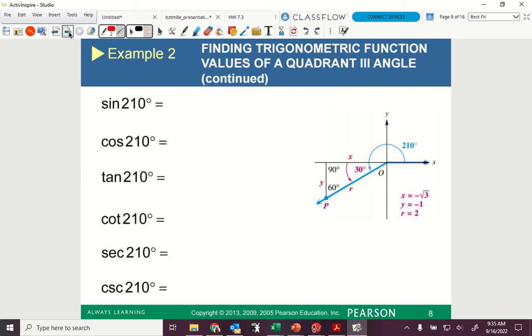Y over r, so it's 1 over 2. Cosine is x over r, so that's rad 3 over 2. Tangent is y over x, so it's going to be 1 over rad 3, isn't it? We've got to rationalize it. This would be rad 3 over 3.